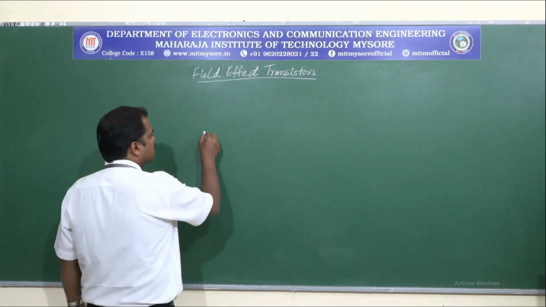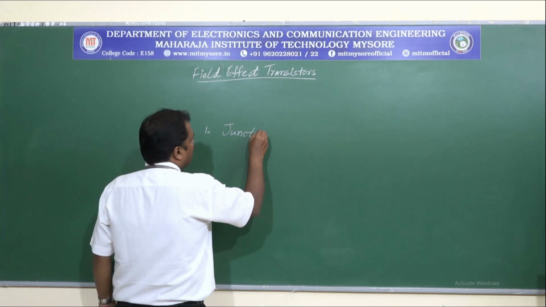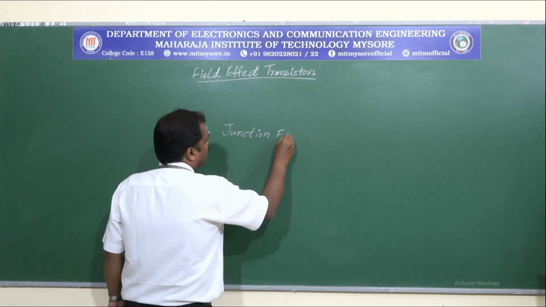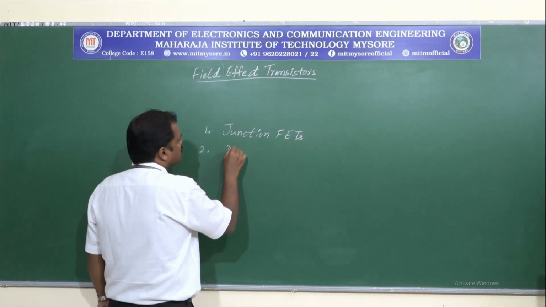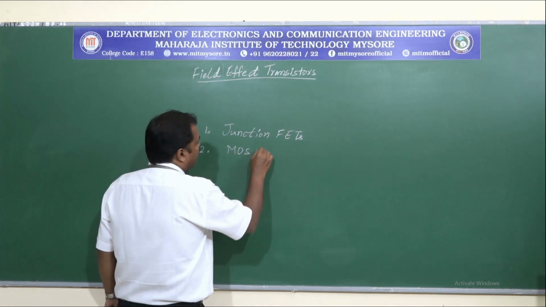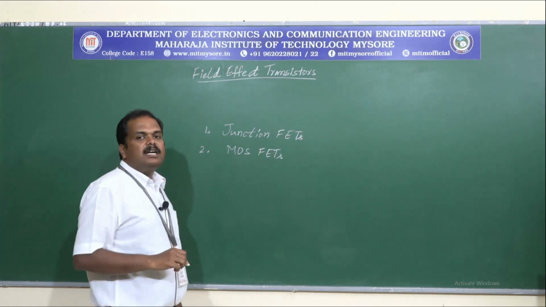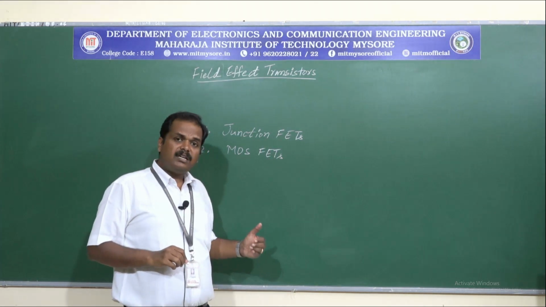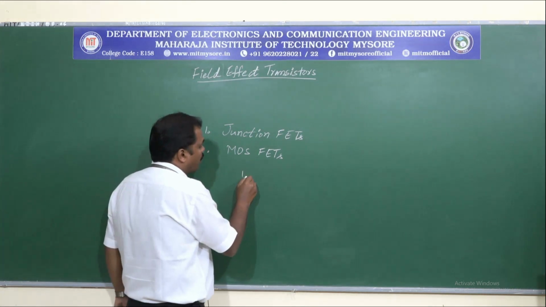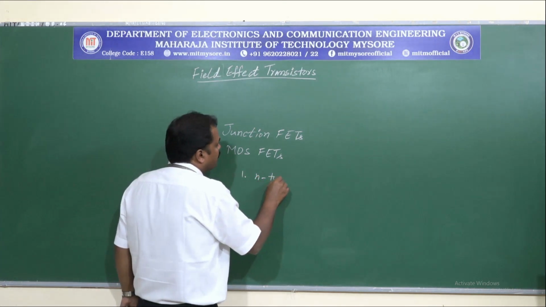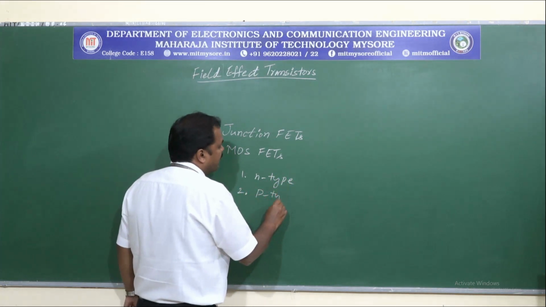Number one is junction FETs, or junction field effect transistors. Number two is MOSFETs, or MOS field effect transistors. Further, these are subdivided into two types: one is called N type and the other one is called P type.